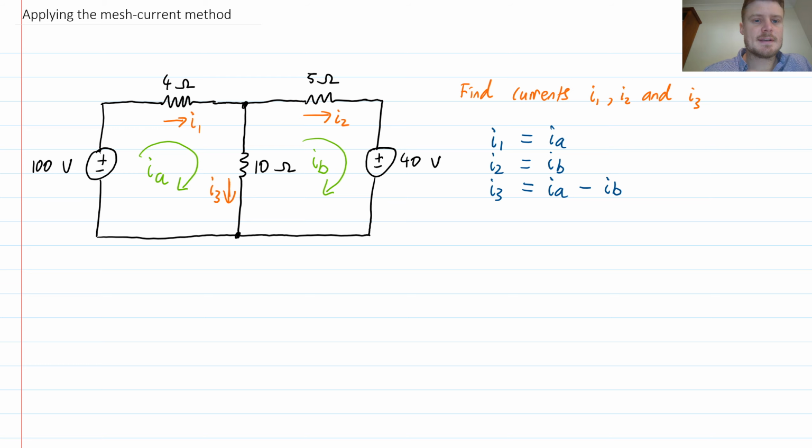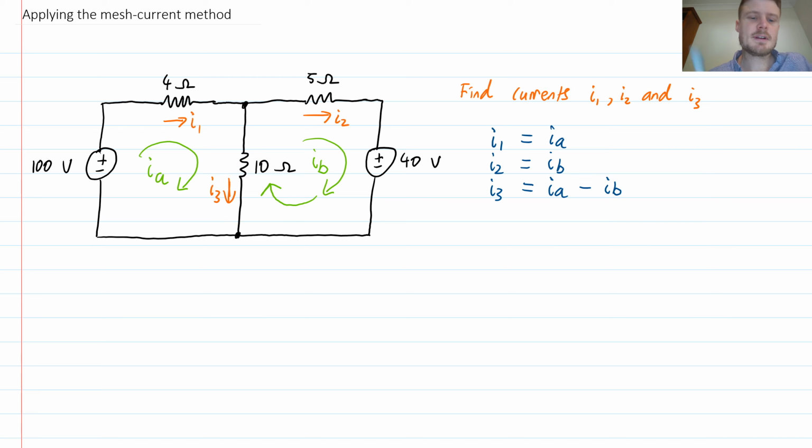The IA arrow and I3 arrow are pointing in the same direction through this 10 ohm resistor. But if I visualize the IB arrow continuing around its circle, it goes in the opposite direction through the resistor than I3. Because these two arrows point in opposite directions, I put a minus sign over here when I'm writing down what is my I3.